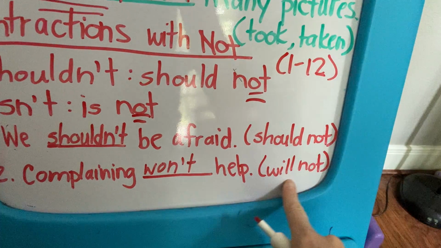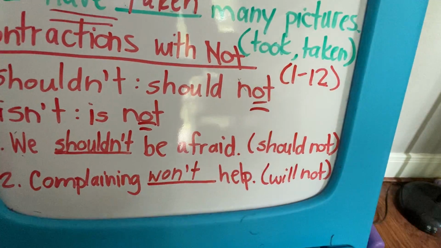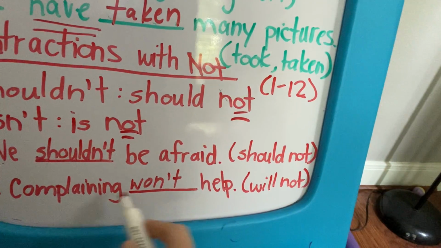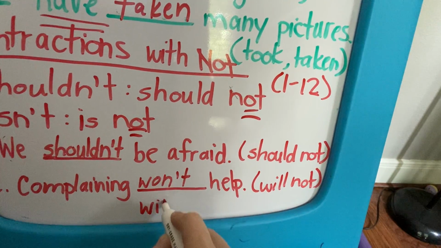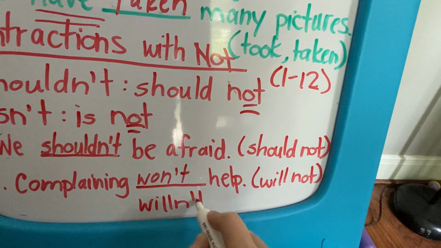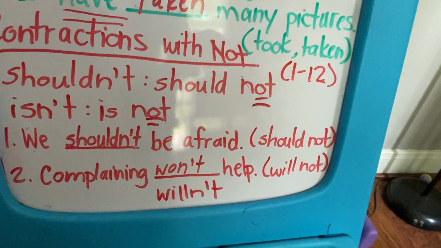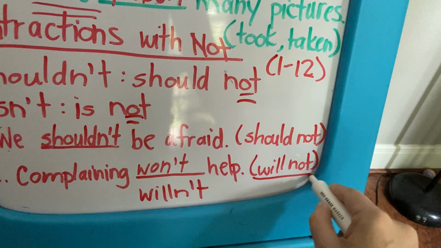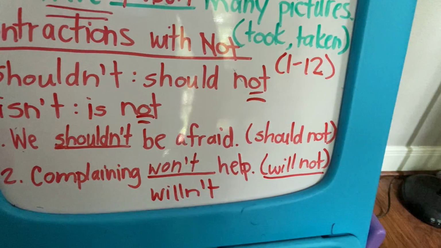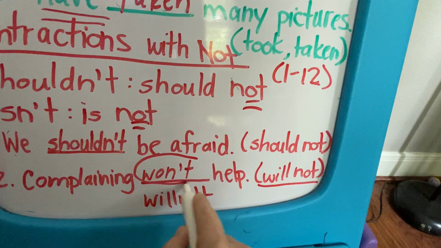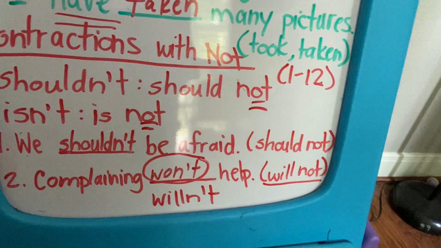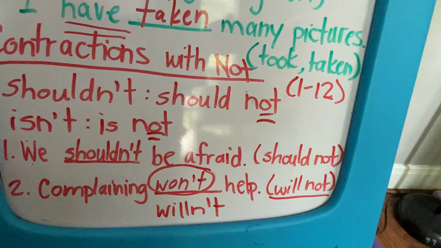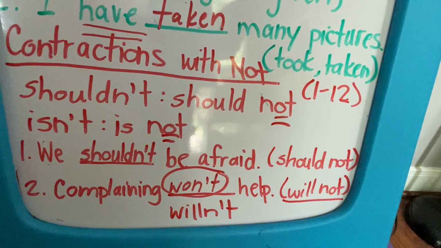And your two words are will not. Well, you can't say complaining wilt help because that doesn't make sense. So the two words will not actually change into won't. Complaining won't help. That sounds a lot better, okay?